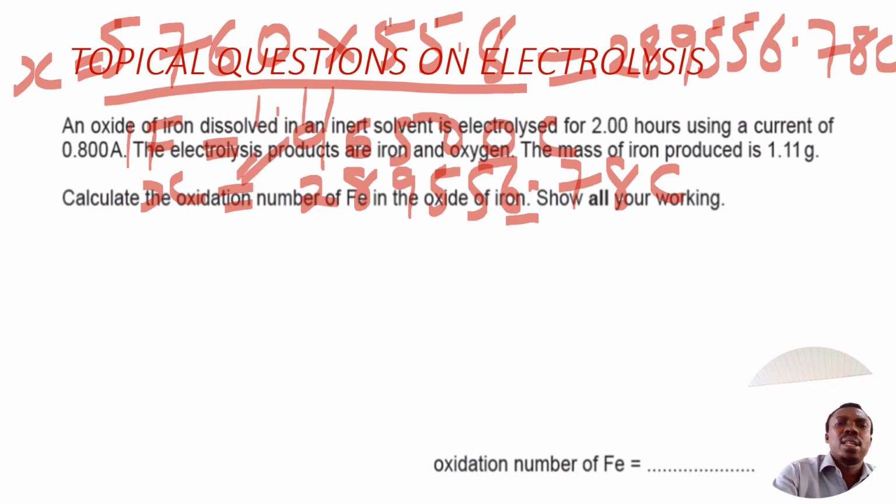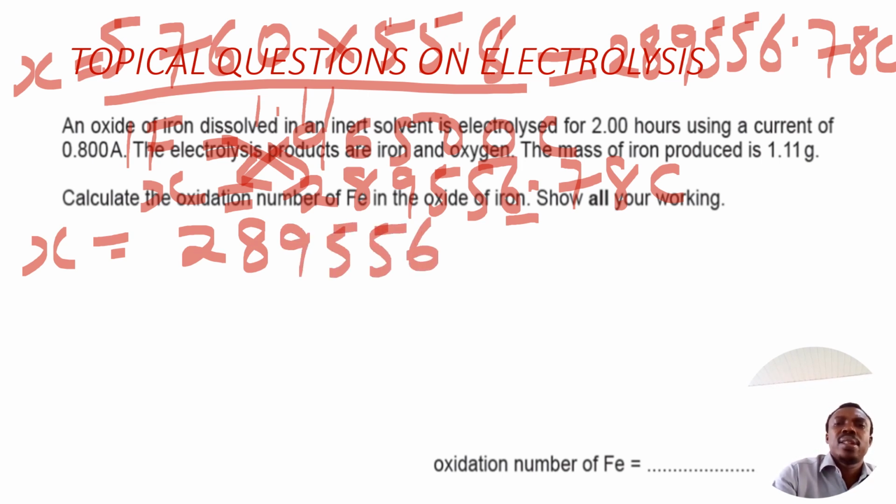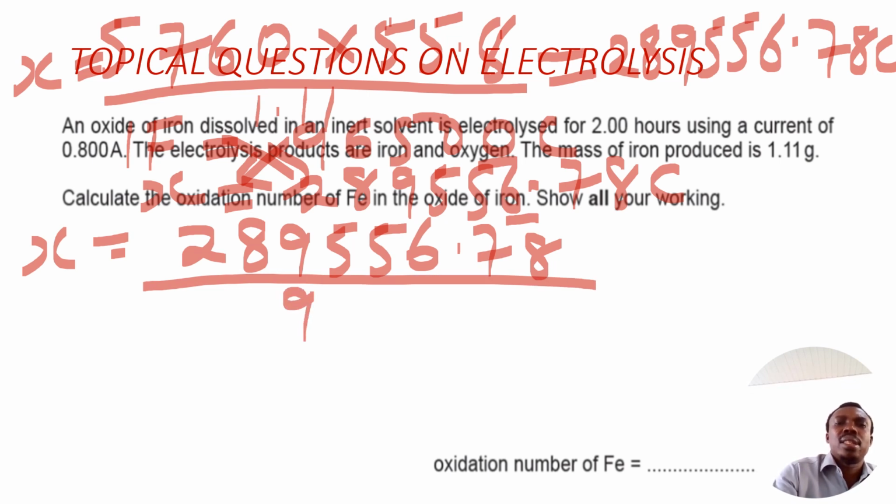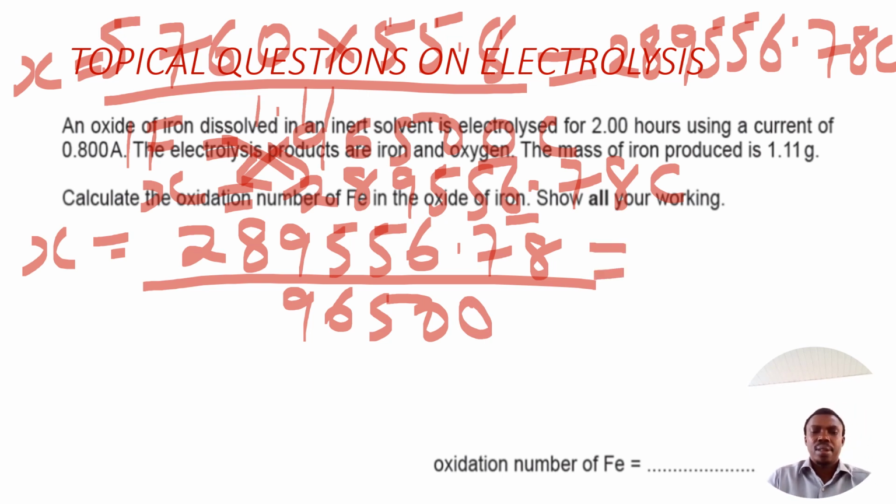When you cross multiply, you now have x will be equal to 289,556.78 divided by 96,500. Using my calculator, you now have 3.0.